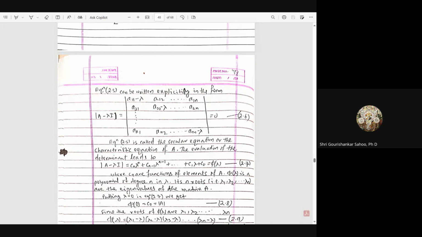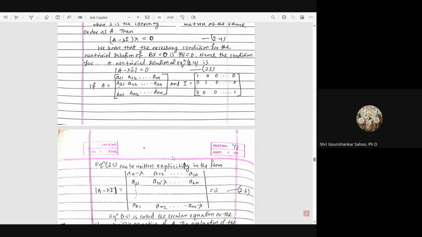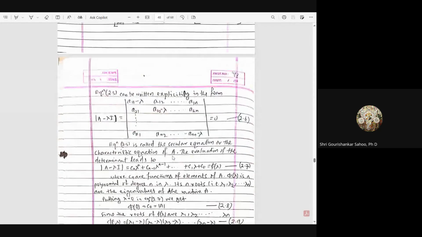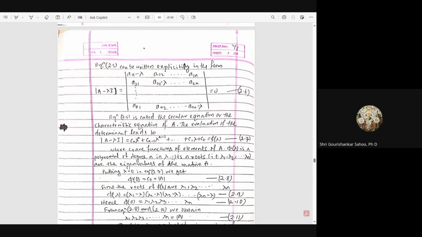And this equation is called 2.5. This equation is called the secular equation. Your determinant of A minus lambda I equal to 0 is called the secular equation or the characteristic equation of A. The evaluation of the determinant leads to the determinant of A minus lambda I equal to Cn lambda to the power n plus Cn minus 1 lambda to the power n minus 1, and so on.